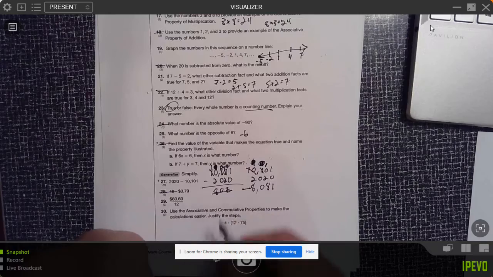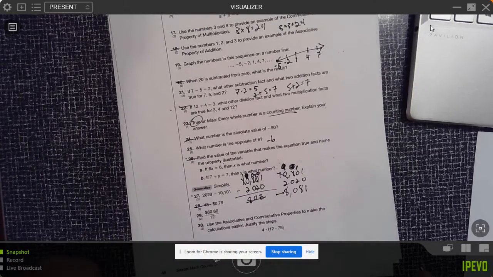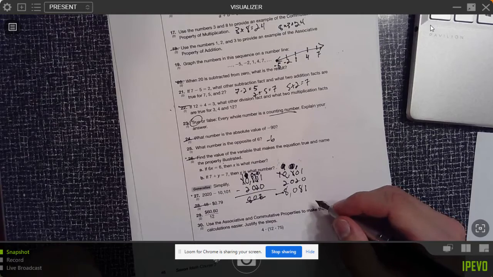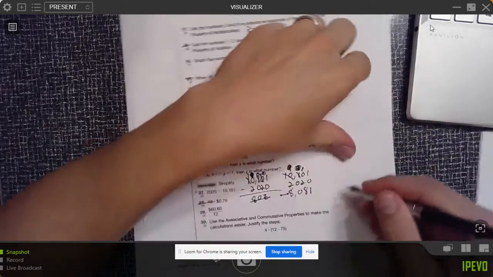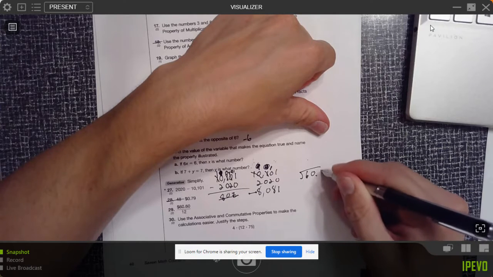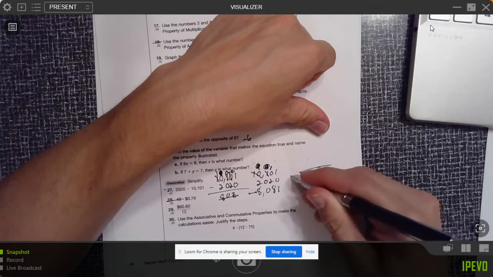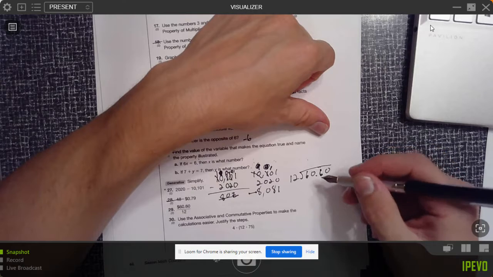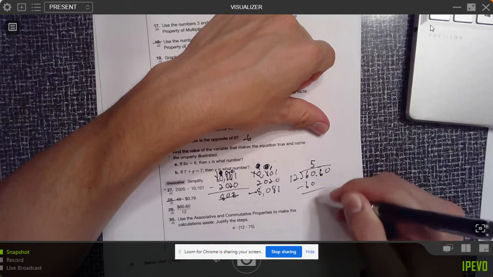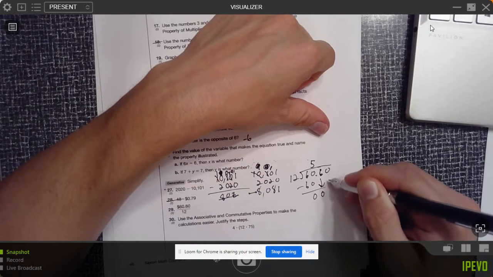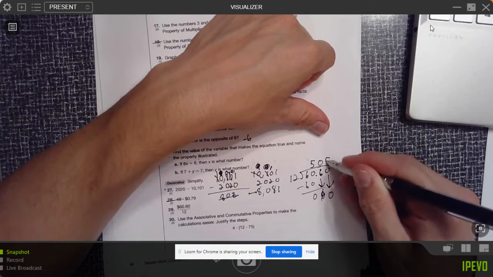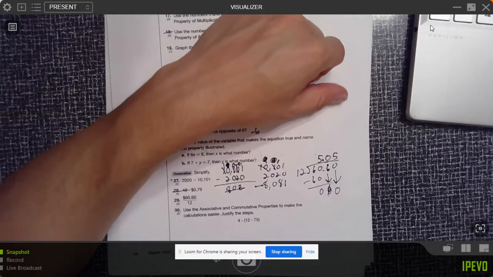60.60 divided by 12. Okay, so we'll just do this over to the side here. 60.60 divided by 12. 12 goes into 60 5 times. Then 0 comes down, so 5.05.